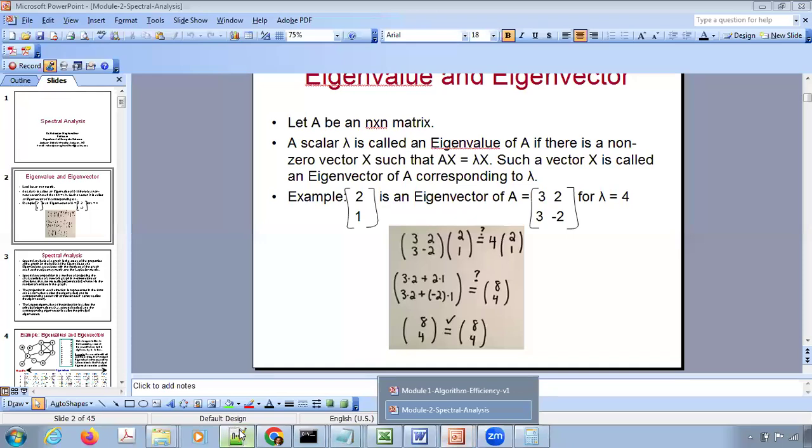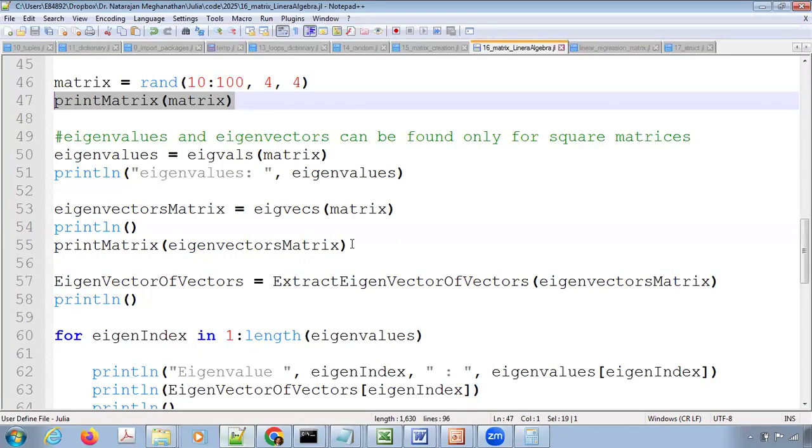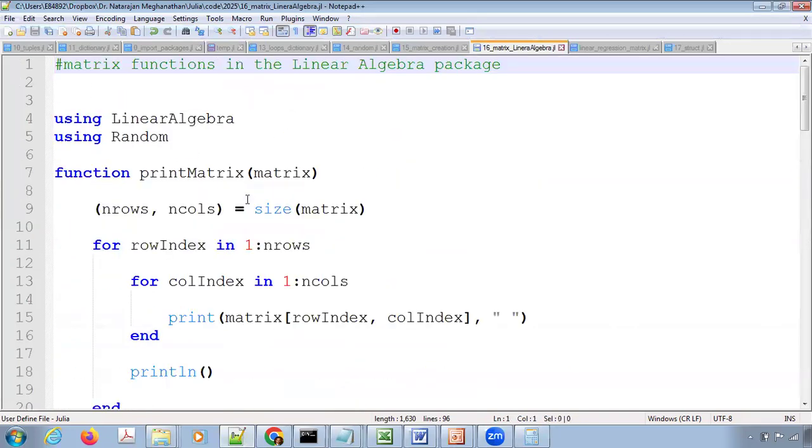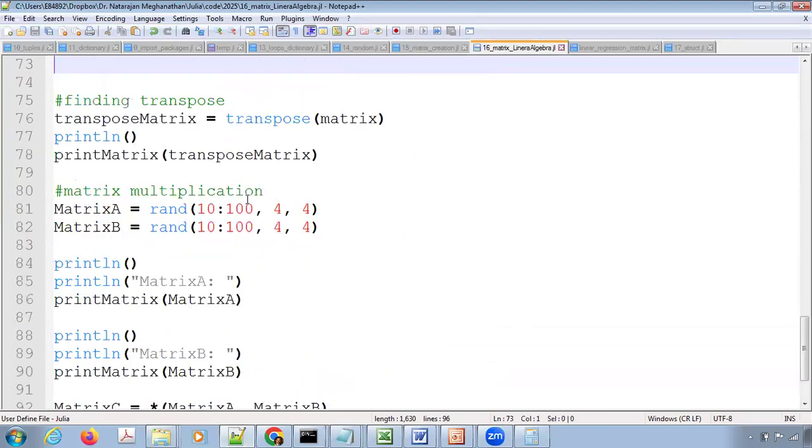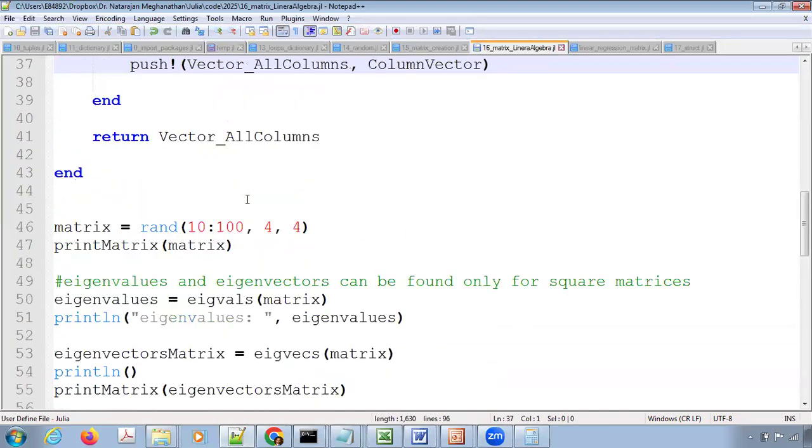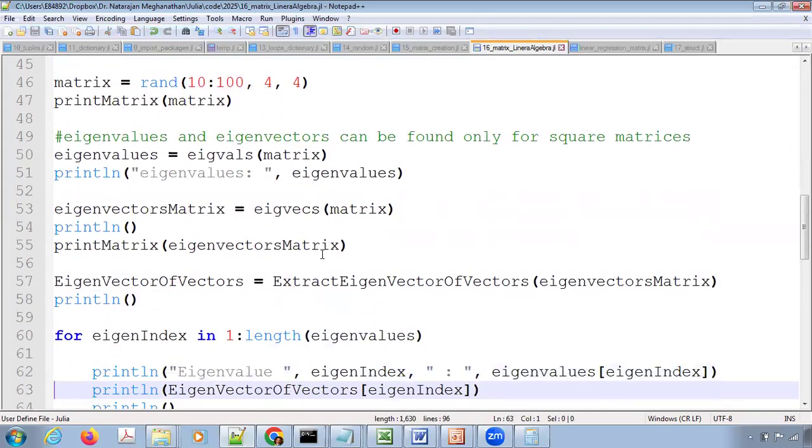So let's go to this code here. Julia has a built-in function available in the linear algebra package to compute the eigenvalues and the corresponding eigenvectors of any square matrix. First, you can call the function eigvals on a matrix. That's the function name, and you pass the matrix.